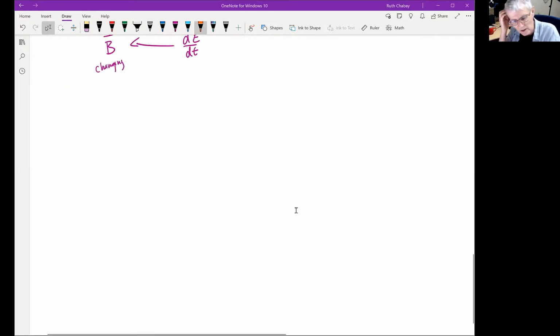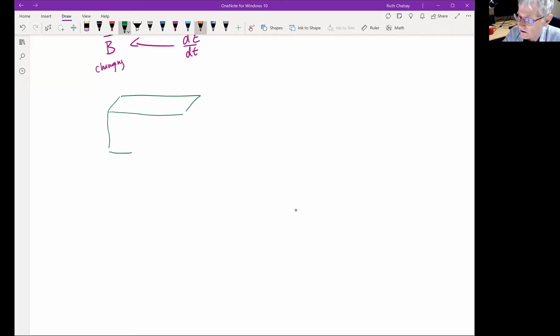Okay, so what we've got, no nearby charges. We just kind of have this rectangular region of space here, in which there is everywhere throughout the region, not just at the location shown, an electric field pointing in the plus y direction, and a magnetic field pointing in the plus z direction.